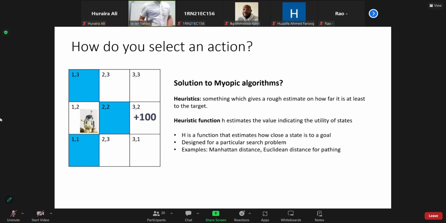Now, what is this heuristic function? How do we define the heuristic function? So let's say that we have our archer, and we know that it is 100 here. We want to reach there.